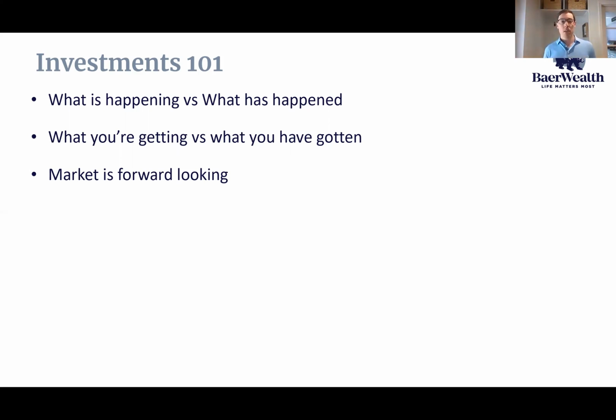And then, a little bit next step with this is that the market is forward looking, right? So when you see prices today, and what's happening either today or what happened yesterday, the market is constantly pricing in new information every moment of every single day.